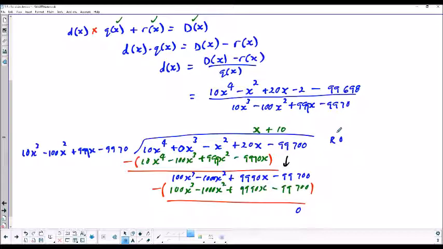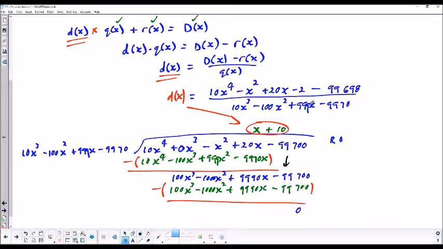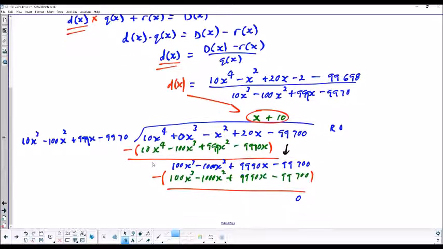Okay, so the remainder is 0, and our quotient is x plus 10. So the answer to the original question which we're looking for is x plus 10. Sorry about that mistake earlier, but these things happen at times.